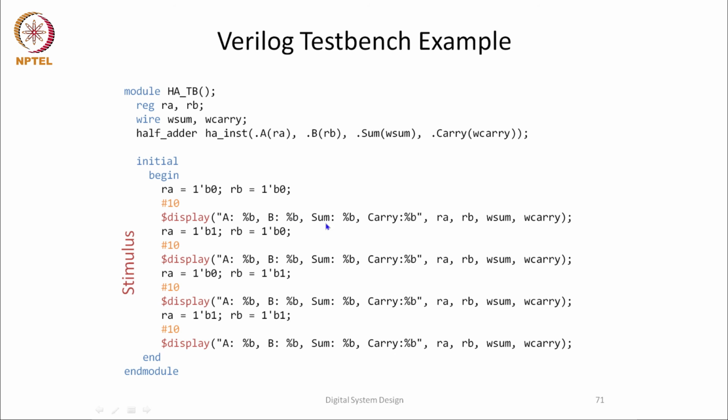And whatever the variable names are, you can write them in the correct order. This display would give this particular string, and the corresponding output would be generated. So this whole thing is called stimulus, and display will give us the printf-like output.